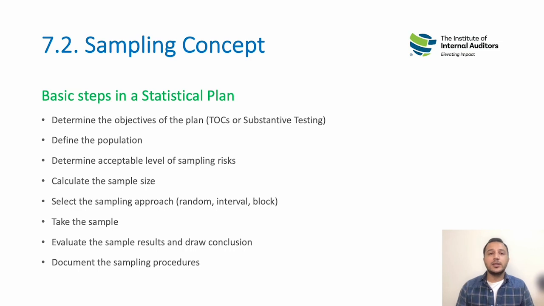We can take, within that data set, sample data, randomly selecting a few months, or a few days within a month, or a few employees, or through an interval, maybe every 10th of each month's activity, or every 10th transaction. Or we take a block where we group the entire data based on certain characteristics, and then take a sample from each block, just to ensure that we cover the attributes of the entire population.